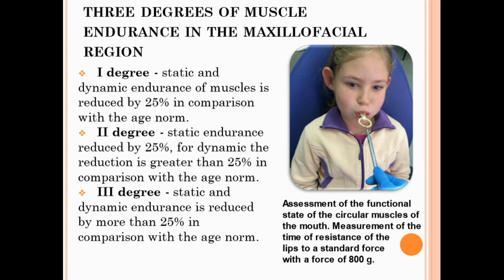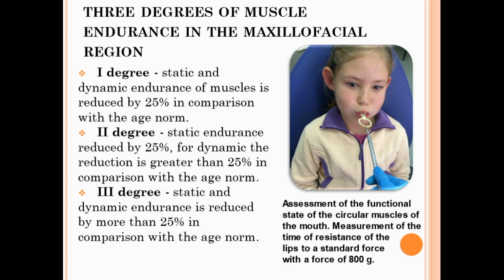Second degree: static endurance reduced by 25%. For dynamic, the reduction is greater than 25% in comparison with the age norm. Degree 3: static and dynamic endurance is reduced by more than 25% in comparison with the age norm.